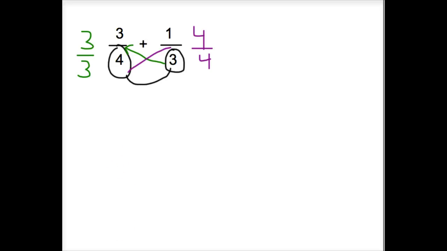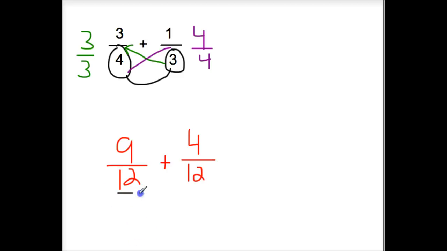So now we are going to have 3 times 3 is 9, 4 times 3 is 12, then we are going to add, and this equivalent fraction is 1/3 times 4, so we have 4 times 1 is 4, and 3 times 4 is 12.